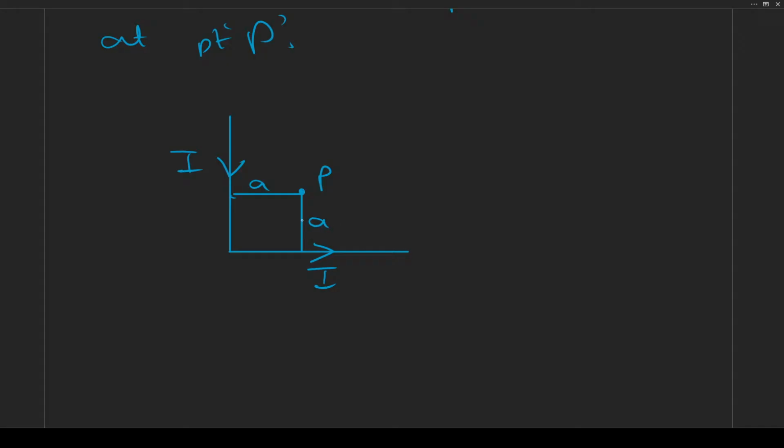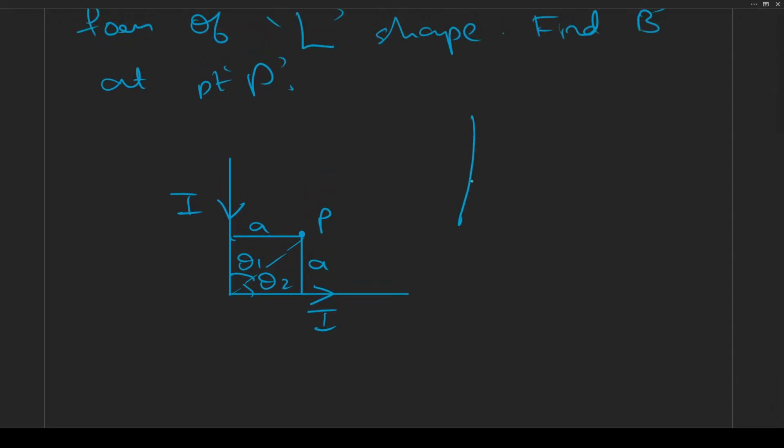this is A and this is also A, and the angles formed are theta 1 and theta 2. This is the axis, this is y, this is x.